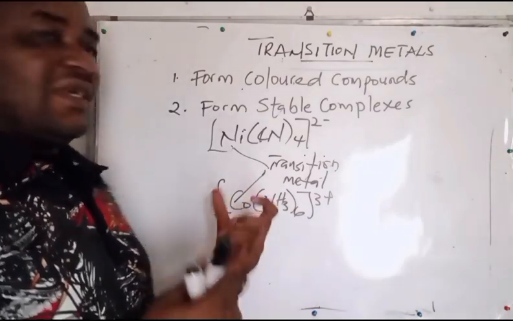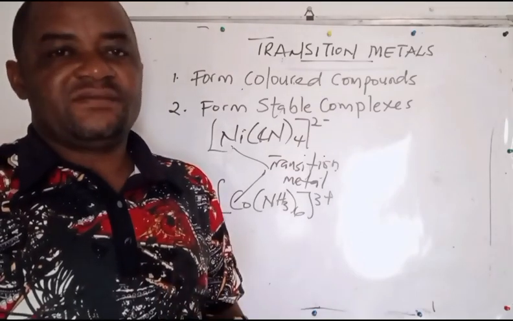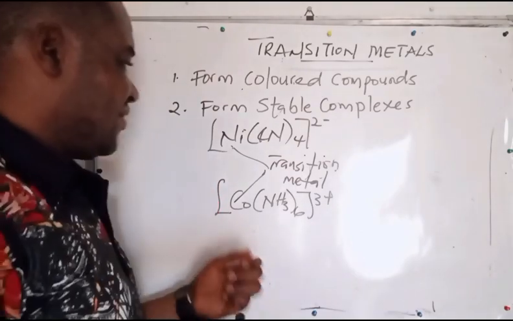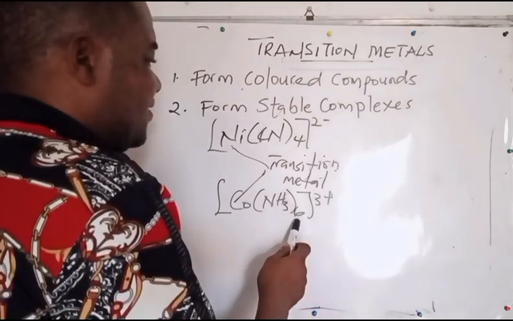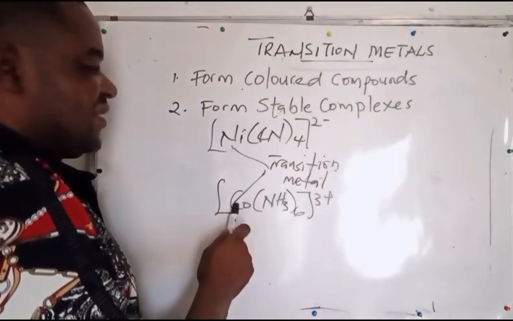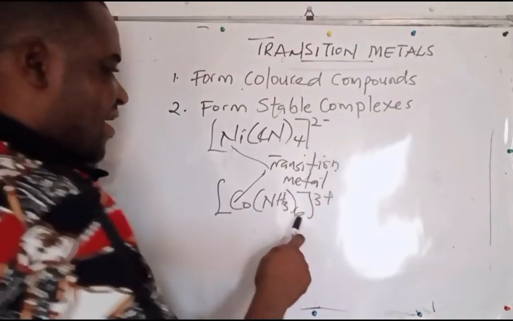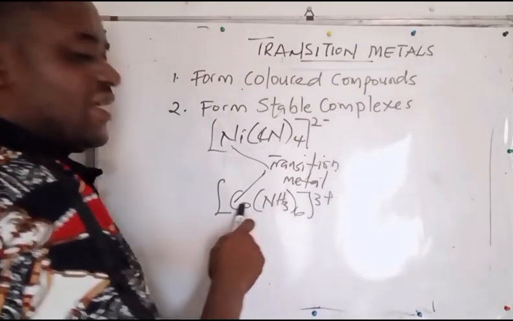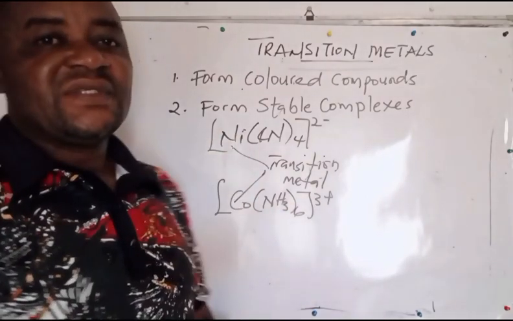So it bonds to the ligand, and it gives a very strong bonding. Then it forms this compound. Now this compound can be named as well. This is hexaamminecobalt(III) complex.